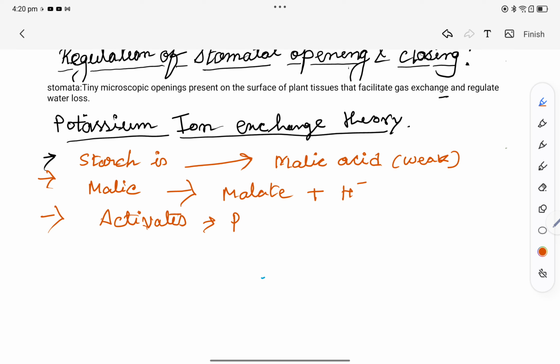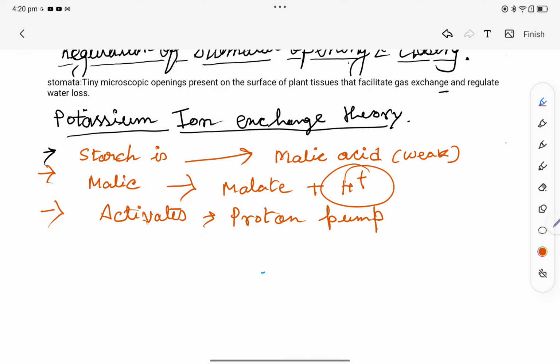Once the proton pumps are activated, H plus ions will be actively pumped out from the guard cells.